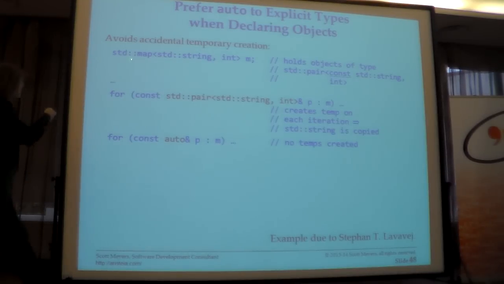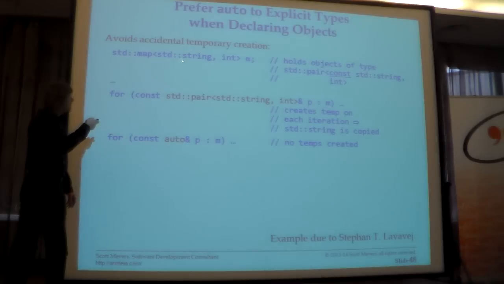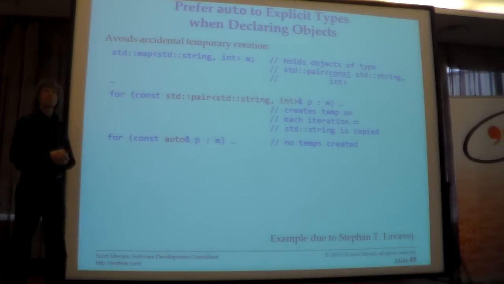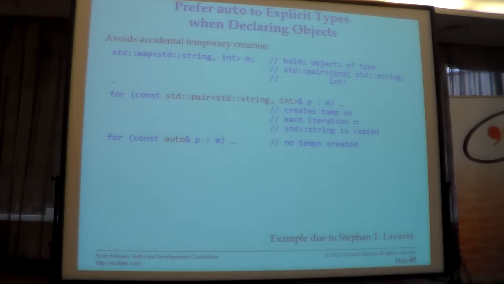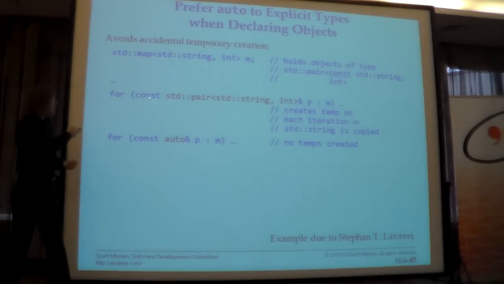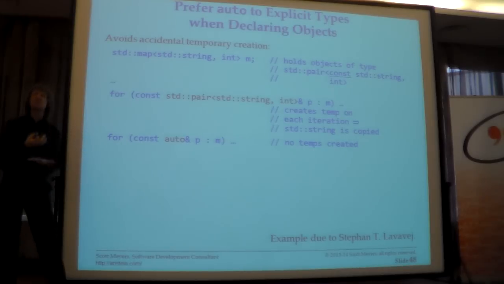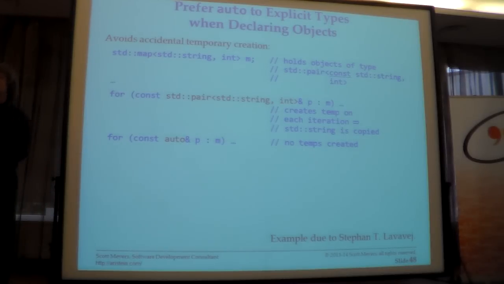I have a map of strings that map to integers. I want to do something for every element of the map. So I say, I'm going to create a reference to const of every pair in the map, because we know that the map consists of pairs.